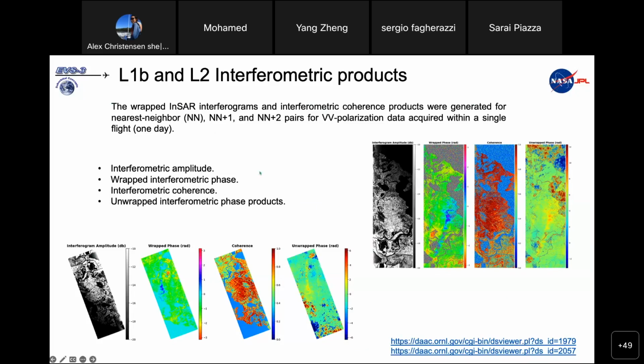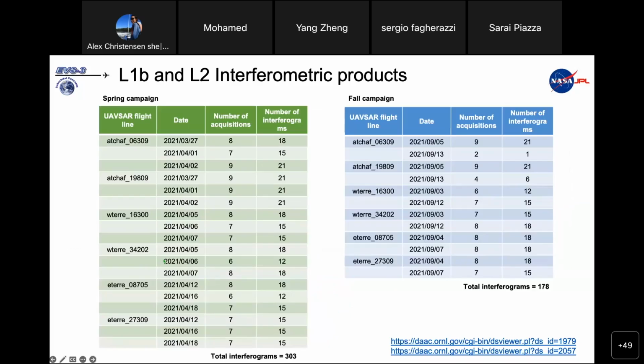And we use these to generate a time series later on that we also have as a product. For whomever may be interested in the interferometric products, they're also available at the ORNL DAC. We provide the interferometric amplitude, the wrapped phase, the interferometric coherence, and the unwrapped phase. These products are in radar coordinates as well as in geocoordinate grid, all available at the ORNL DAC.